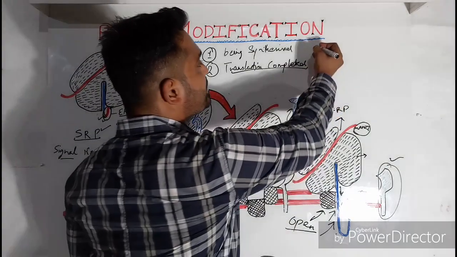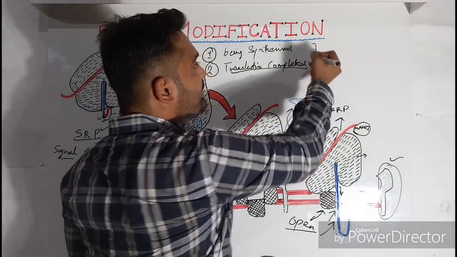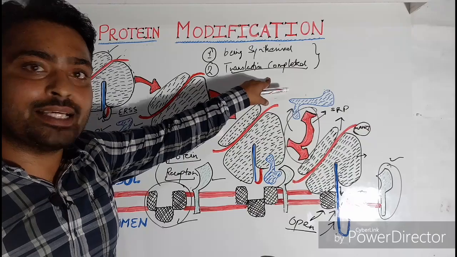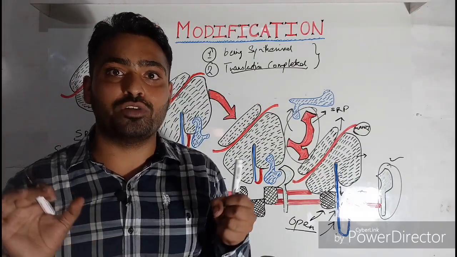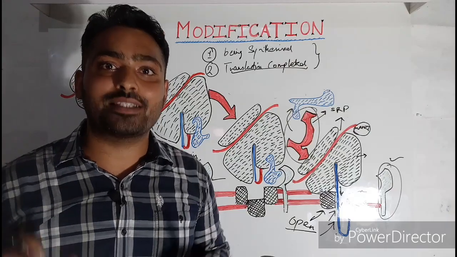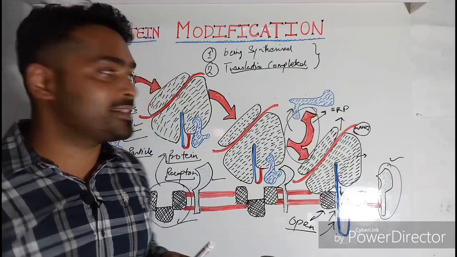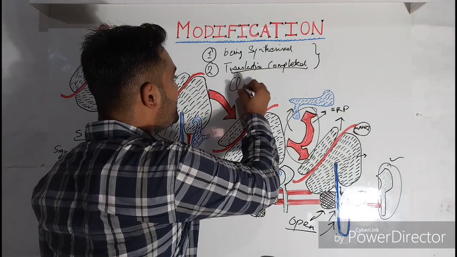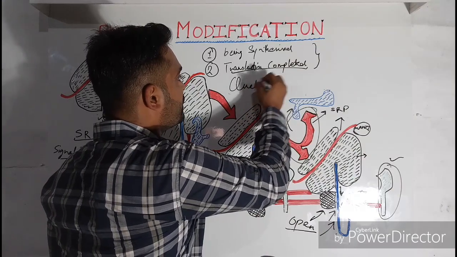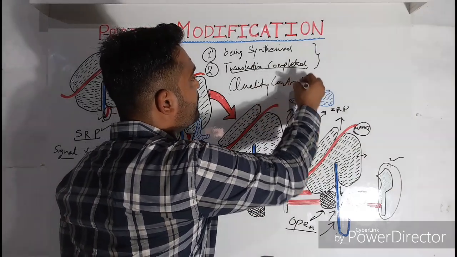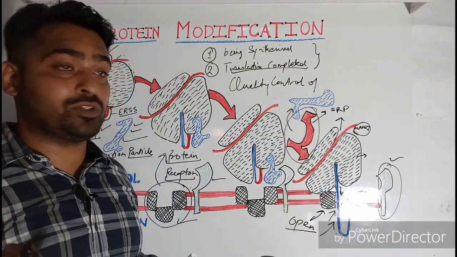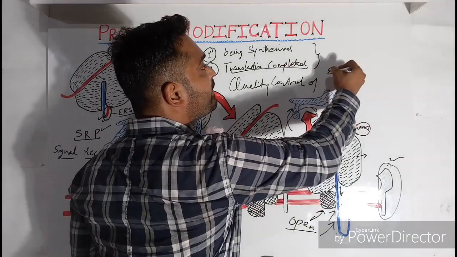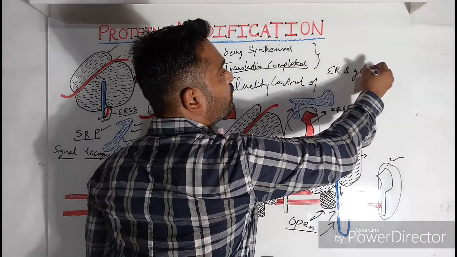In both these scenarios, the protein is subjected to various modifications or processings, which are known as quality control of the protein, and it mainly occurs in the ER and Golgi.